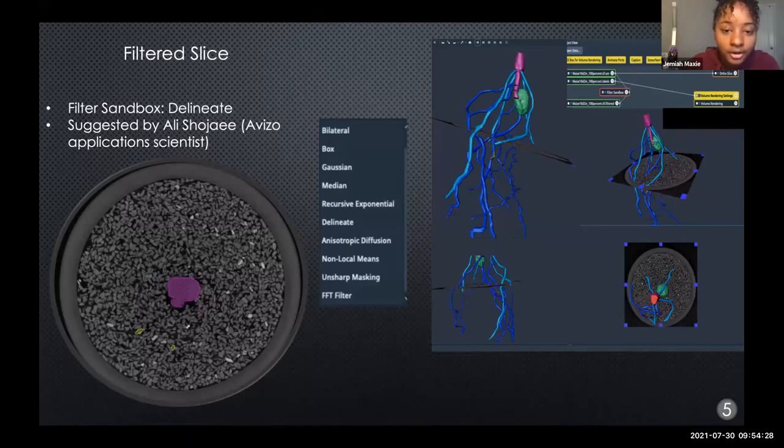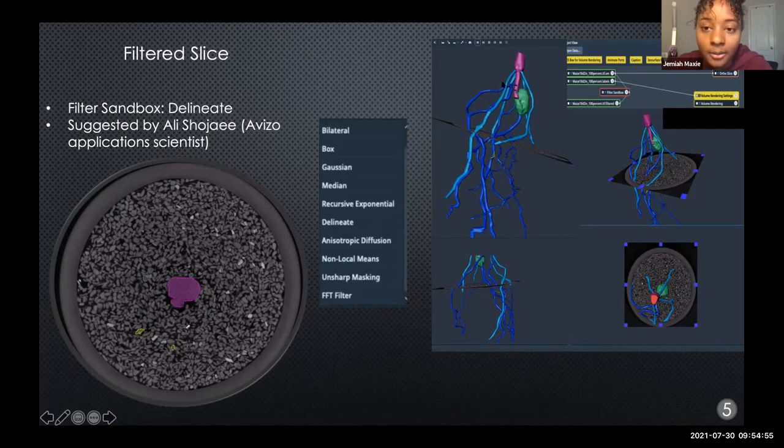So over here, you can see these are more filters. I went through all of them and found that this delineate one worked best for the roots. And over here is a volume rendering of my 10-day 2-inch root. So there's this stem that goes into the corn grain, and the light blue roots that you can see here, there are 4 of them.